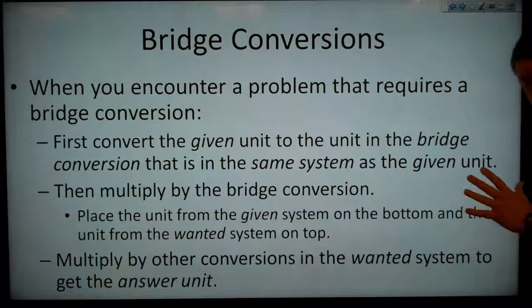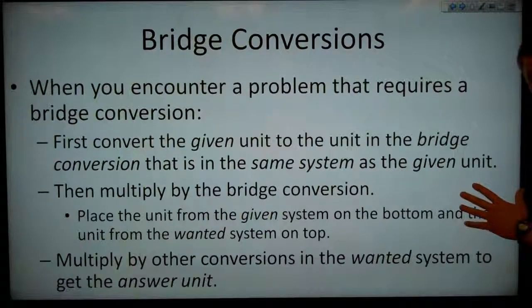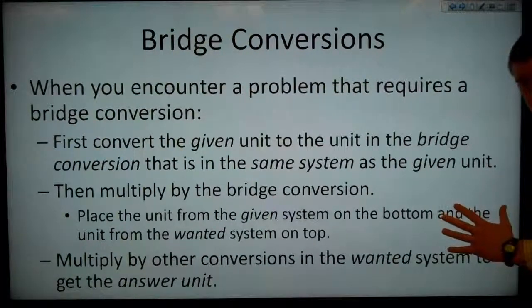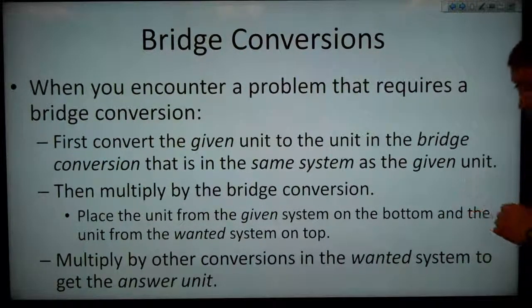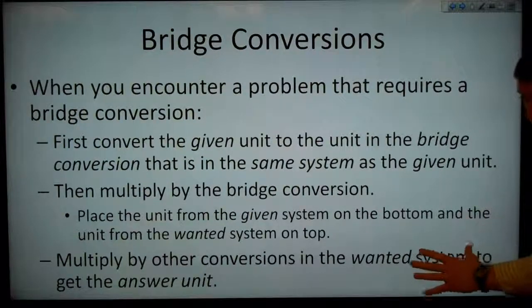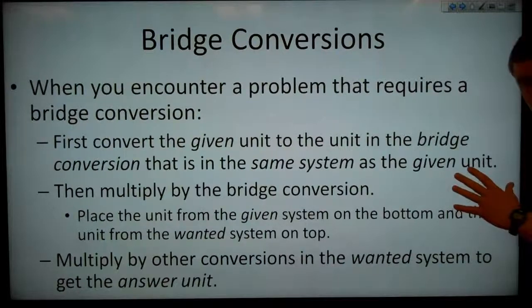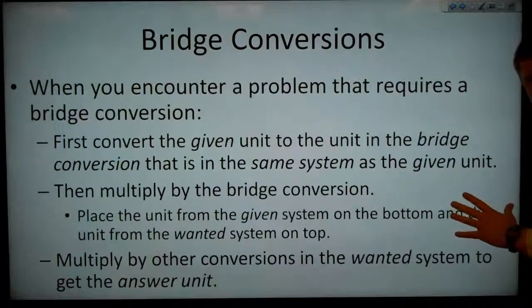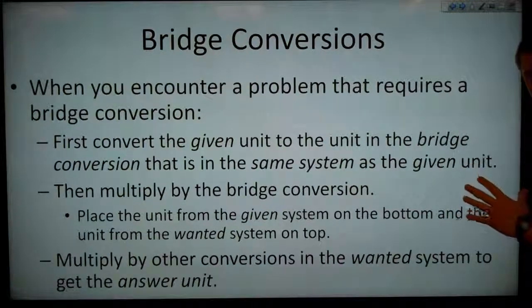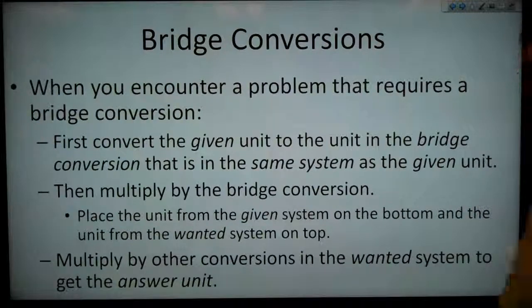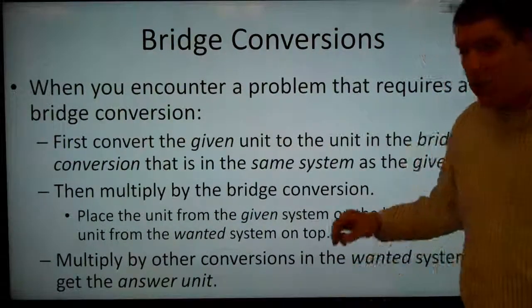So if we're going from miles to kilometers, we put inches on the bottom and centimeters on the top. And we multiply by other conversions in the wanted system, so we convert from centimeters to meters, and then from meters to kilometers, until we get to our wanted unit, or our answer unit.